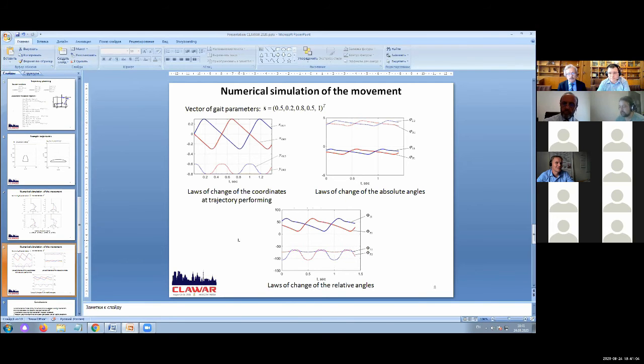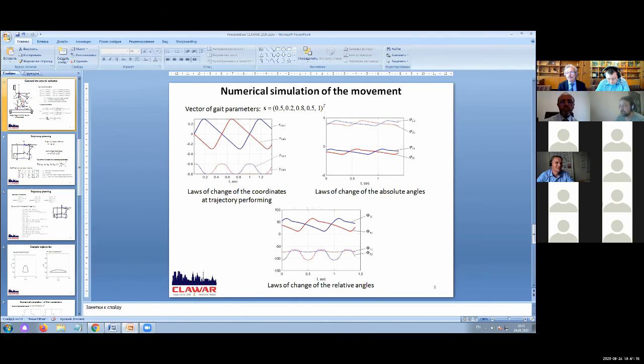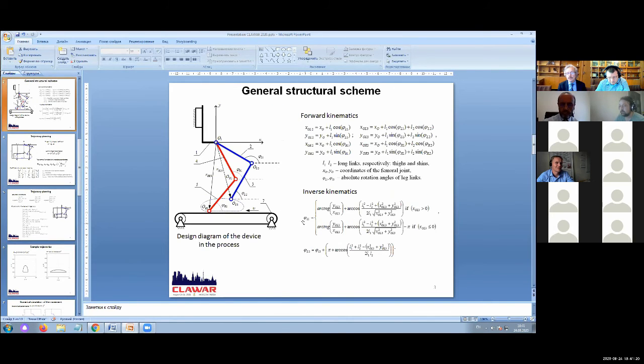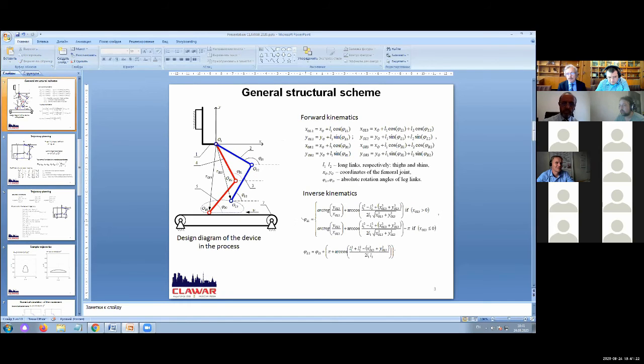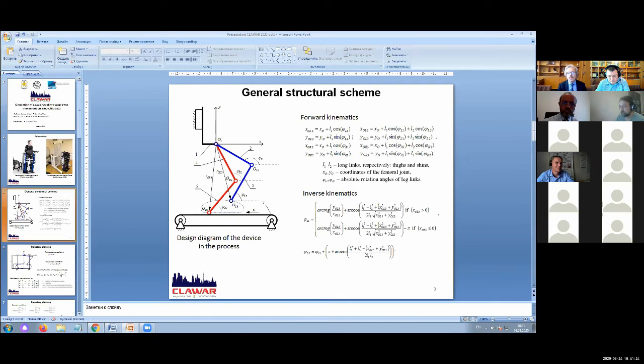We determine dynamic parameters for motors and for designing the construction of links and so on. But in the framework of this work, we only investigate the kinematic scheme.